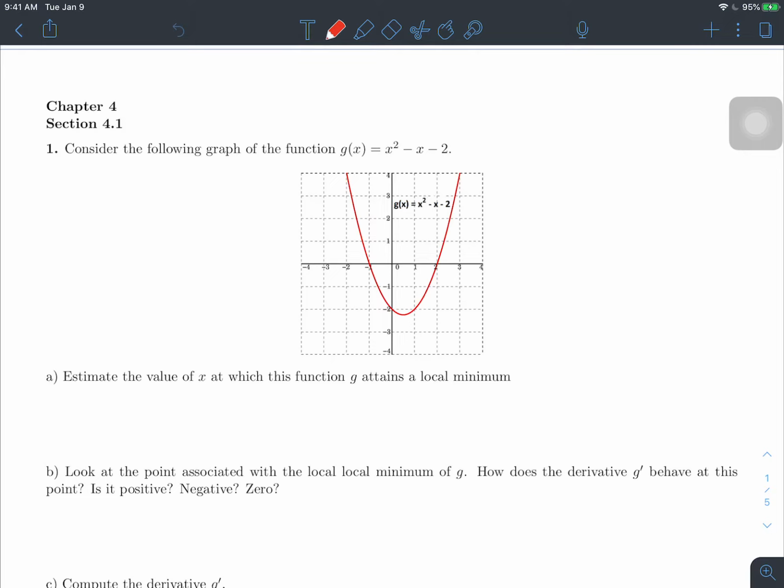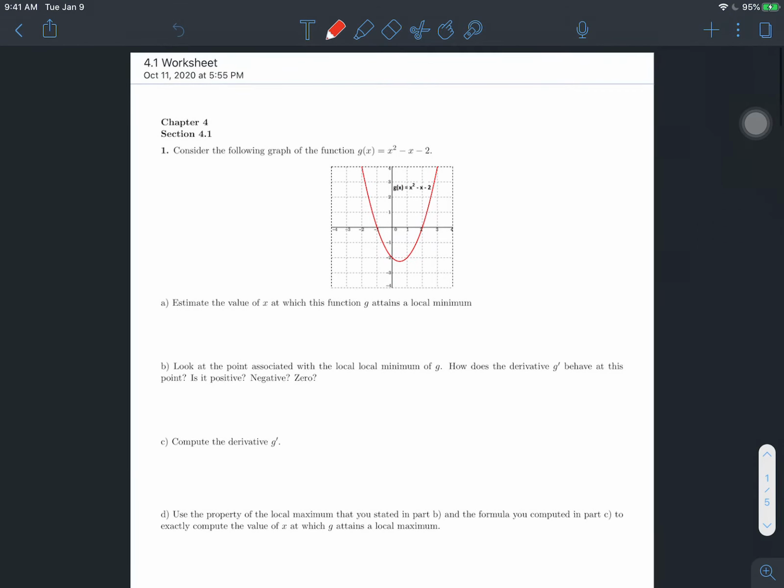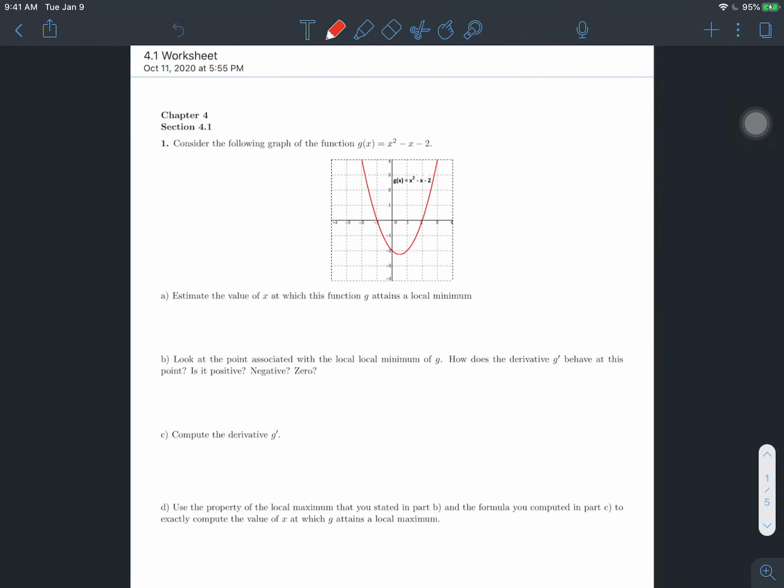Okay, so what we're going to talk about today is the first and maybe most well-known application of derivatives. It's for finding minimums and maximums of functions. We touched on this a little bit already, but we're going to make it more clear.